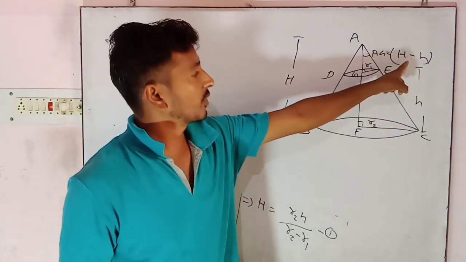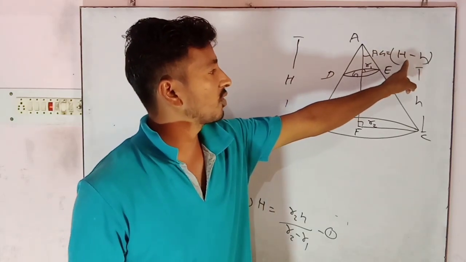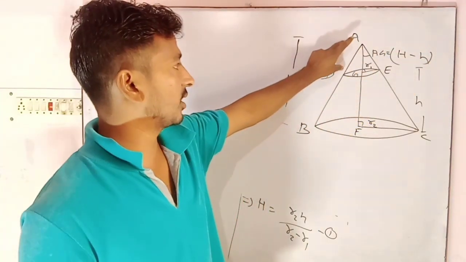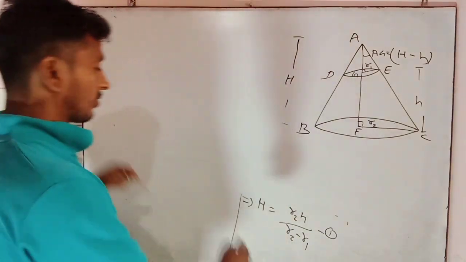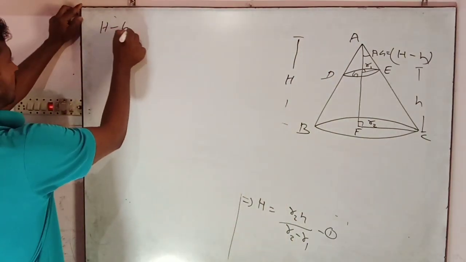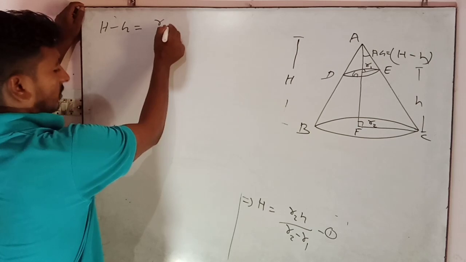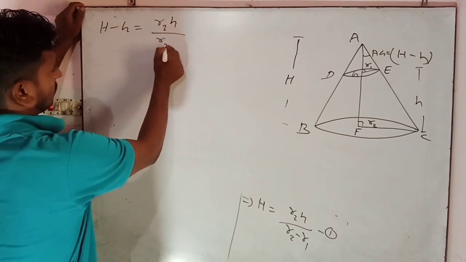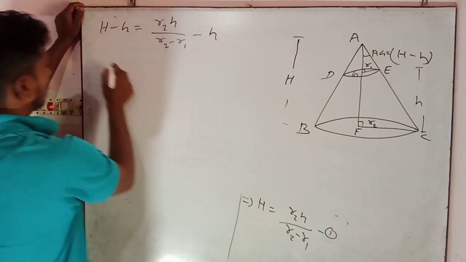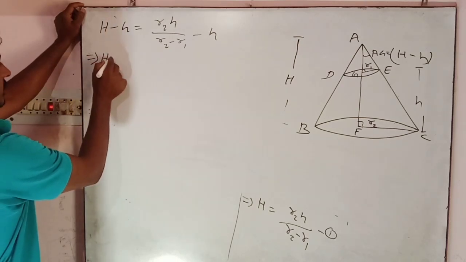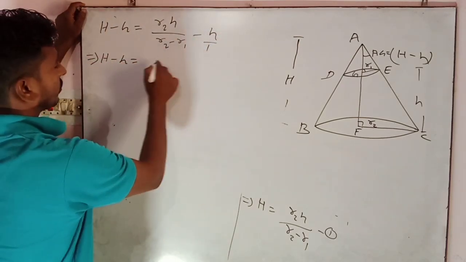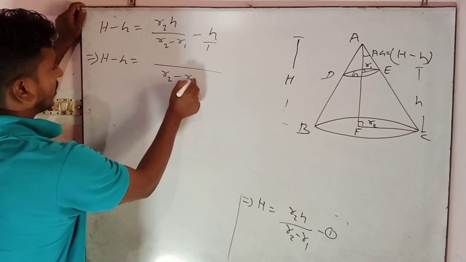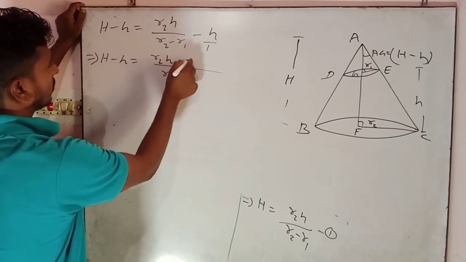So we also have to bring the value of H minus h so that we can find the volume of this small cone. So we subtract small h on both sides. Then H minus h is equal to, we take the LCM, R2 minus R1, then R2H.